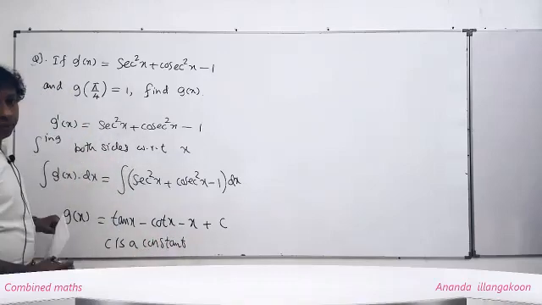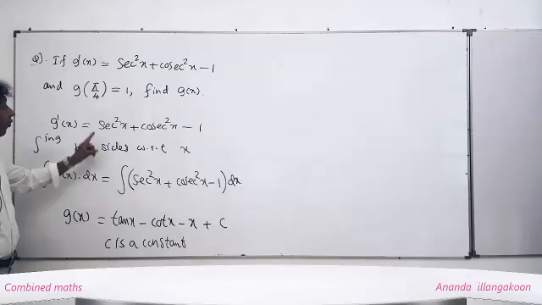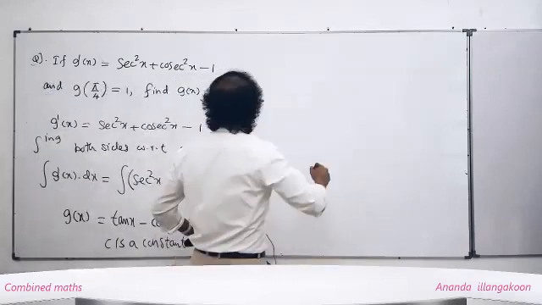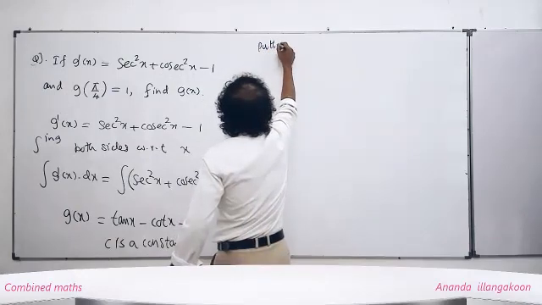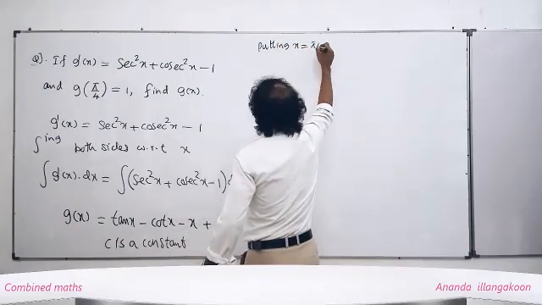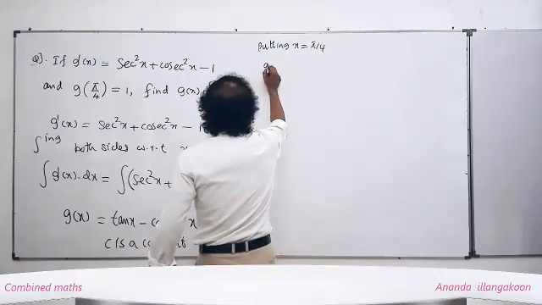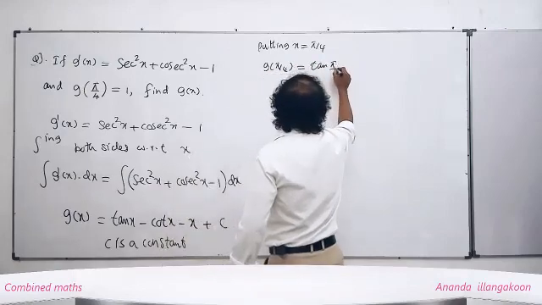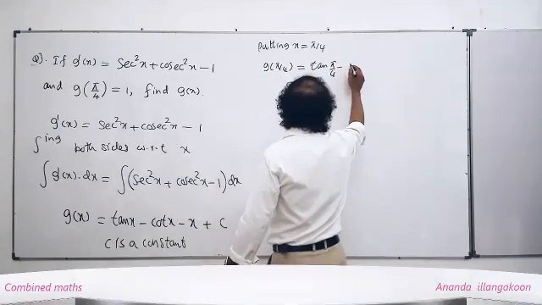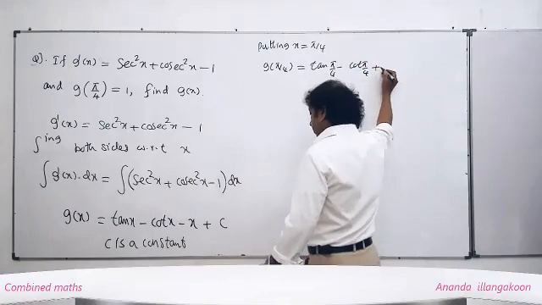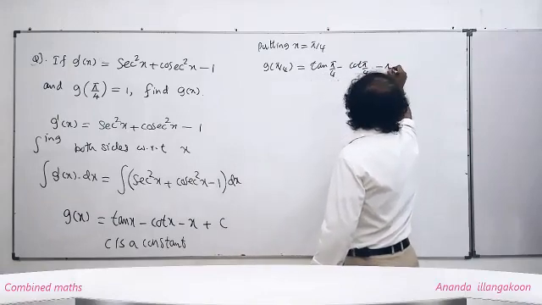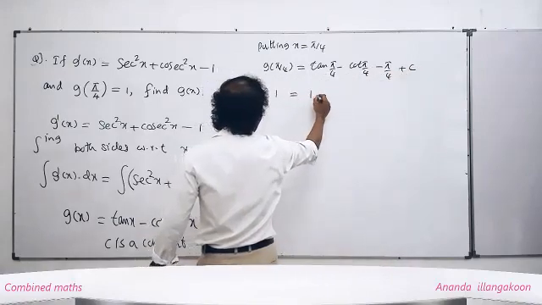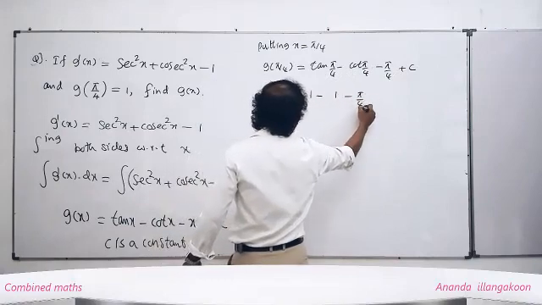Now we can put x equal to pi/4, because we have to evaluate this c; only then do we know the integral completely. So g(pi/4) is equal to tan(pi/4) minus cot(pi/4) minus pi/4 plus c. Given g(pi/4) is 1, tan(pi/4) is 1, cot(pi/4) is 1, so 1 equals 1 minus 1 minus pi/4 plus c.